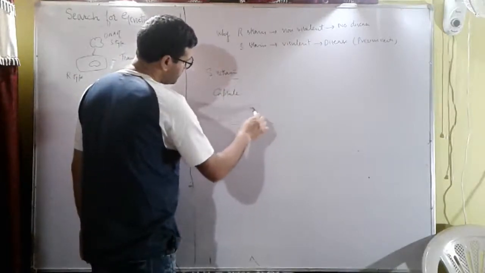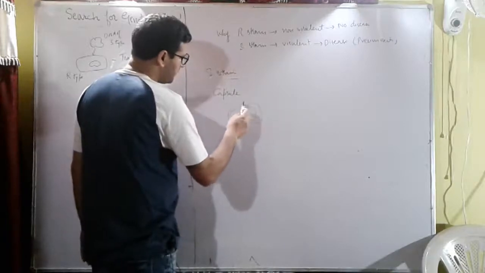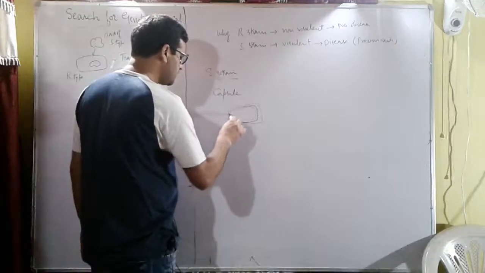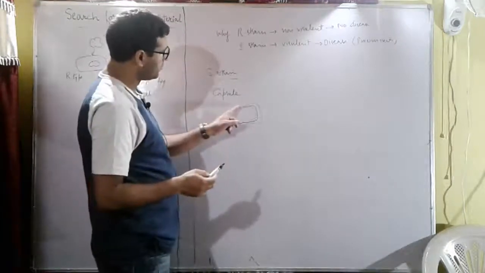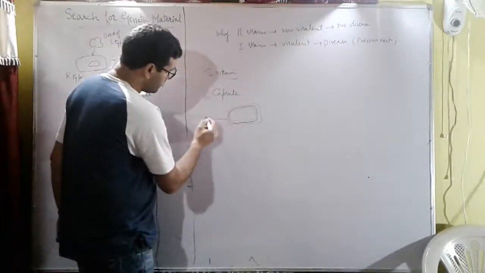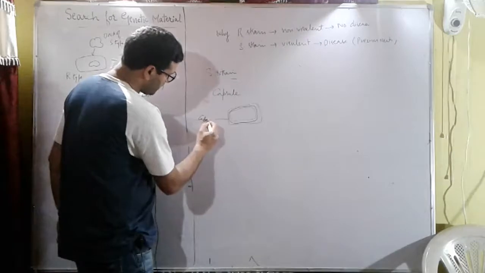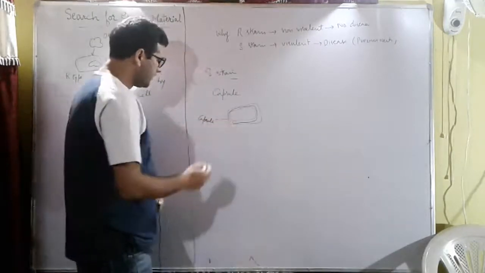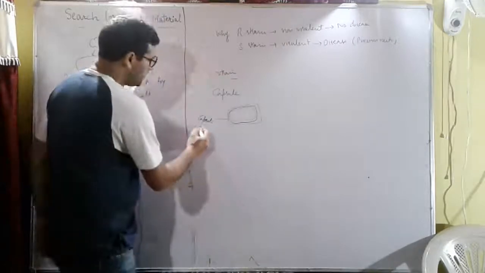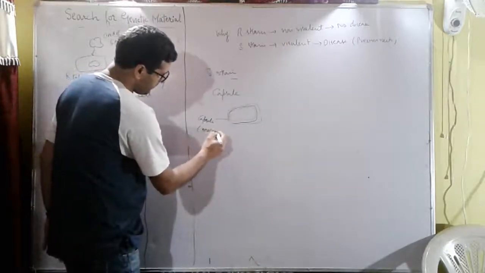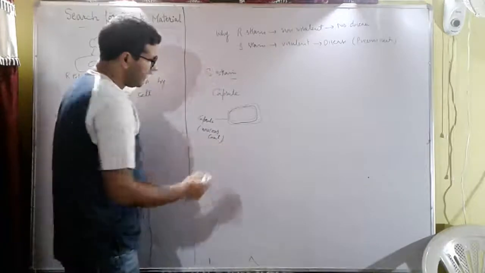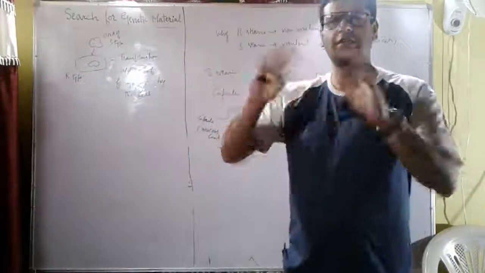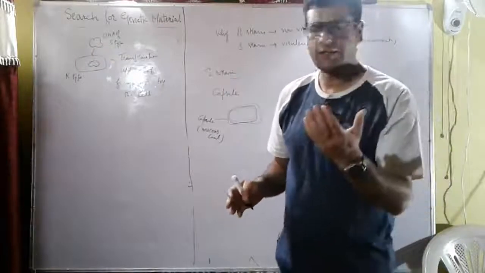For example, this is the plasma membrane, and outside the plasma membrane is the cell wall. This capsule is present outside the cell wall. This capsule is simply the mucus coat, an extra covering which is present outside the cell wall.